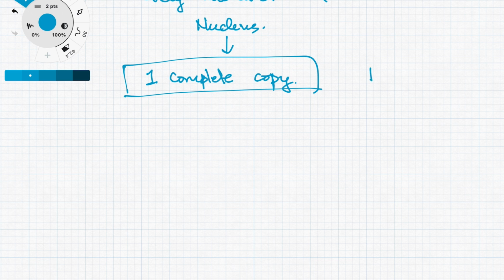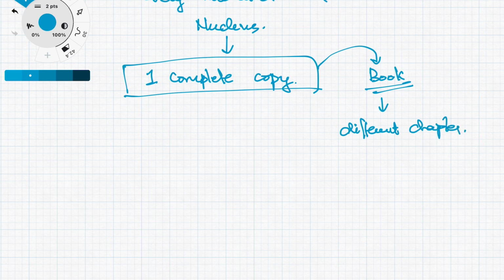So if you equate this to a book, if the complete genome is like a book, each of the cells are specialists in different chapters. Okay, so they have the information, but they are specialized in only a few different topics.